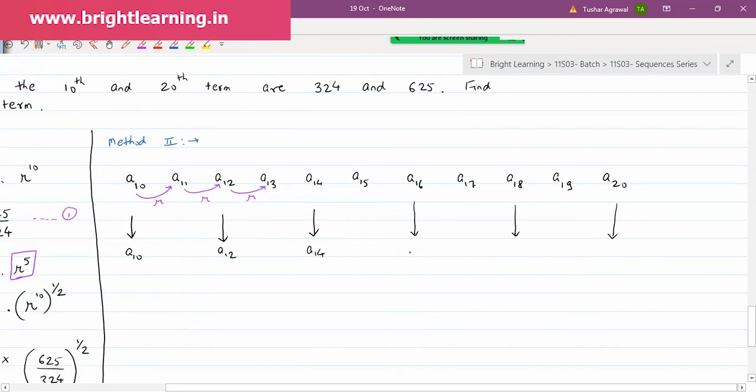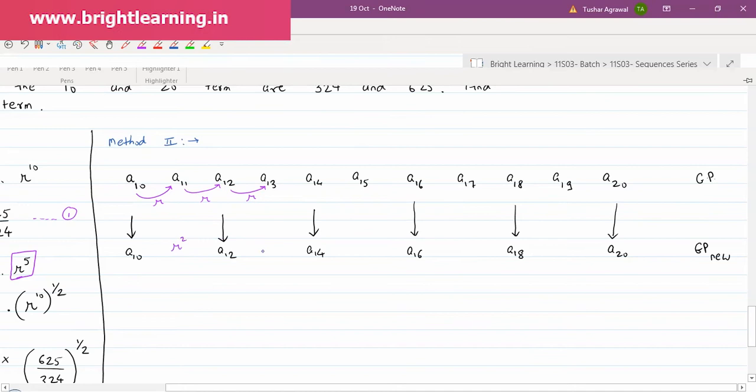Can you see that the ratio between consecutive terms is R square now? Different from the previous GP, but it is still a common ratio. This is a new geometric progression: 10, 12, 14, 16, 18, 20, where the common ratio is R square.